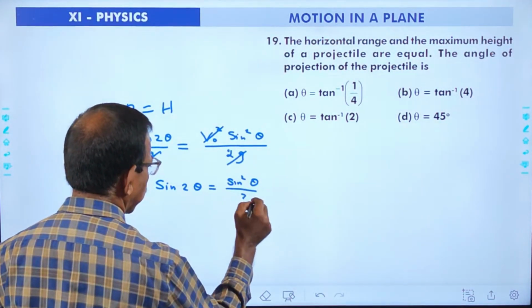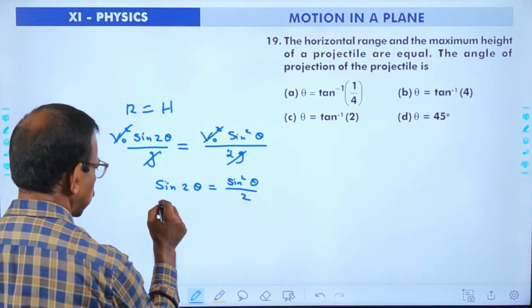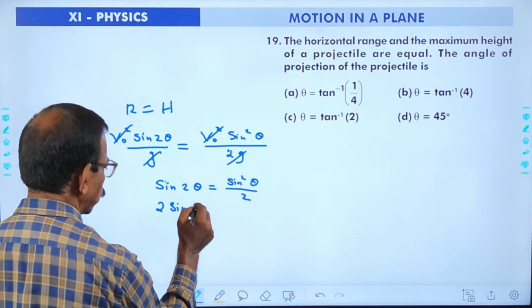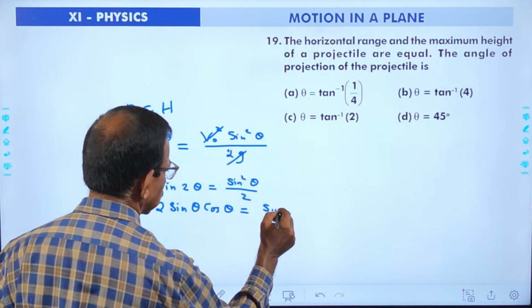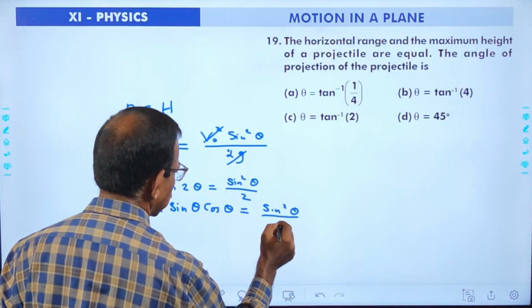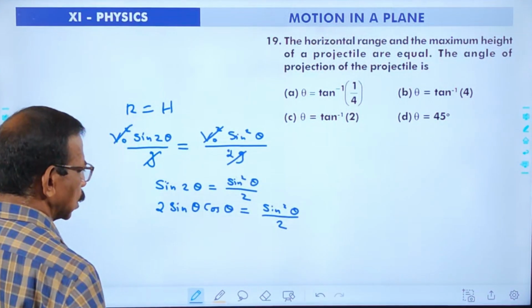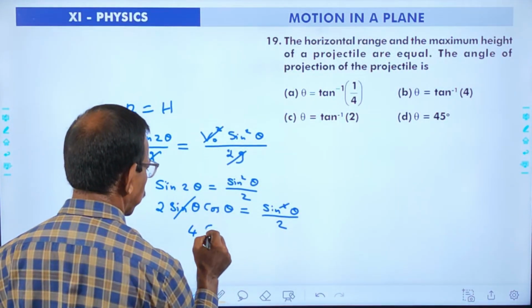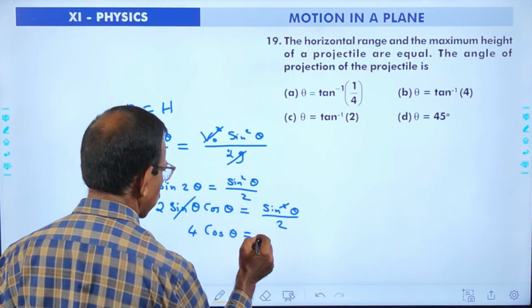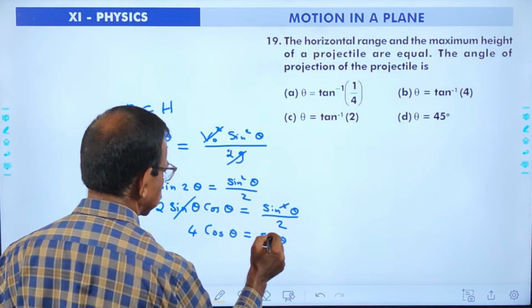square theta by 2. Sine 2 theta means 2 sine theta cos theta equals sine square theta by 2. Here a sine theta cancels and the remaining will be 4 cos theta equals sine theta.